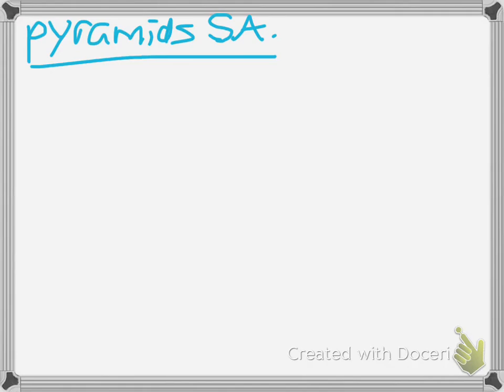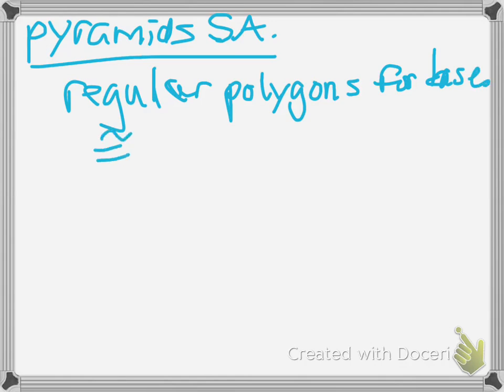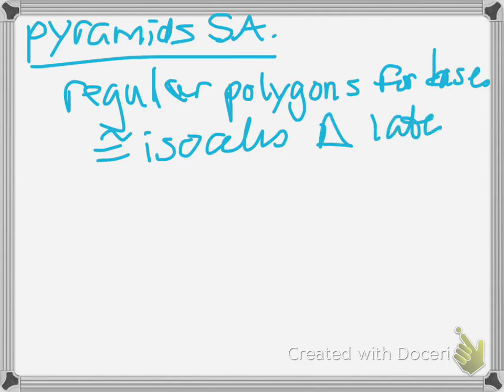So they're going to have regular polygons for the bases. And they're going to have congruent isosceles triangles for the lateral faces. So let me show you what that means.